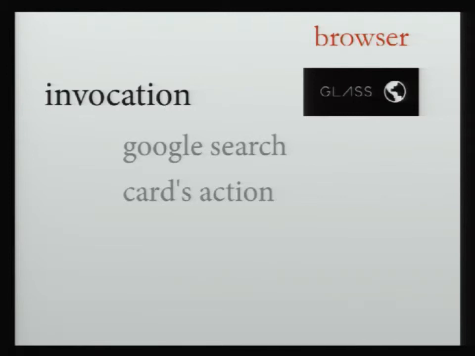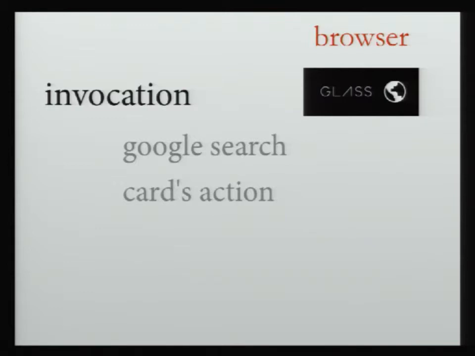There are two ways to open the browser. One is to make a search with Google, so I can Google things, ask Google questions, or make any kind of search. Or now I can also create an action on a card, and that will be really useful, I think. So we have a glassware sending cards with information, and the card can have an action that will trigger a URL.